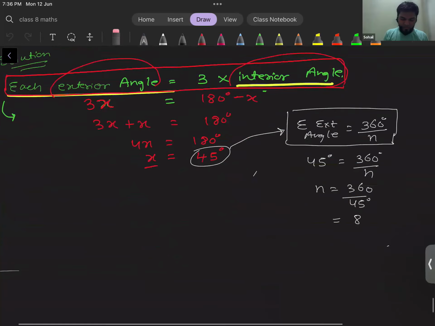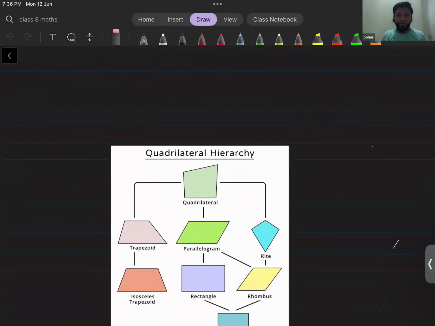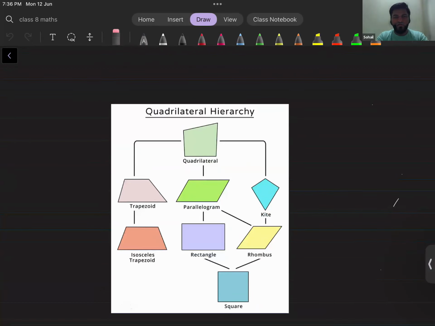Okay. So let's start talking about the different types of quadrilaterals. As we know, a quadrilateral is basically a polygon having four sides, a polygon made up of four sides.